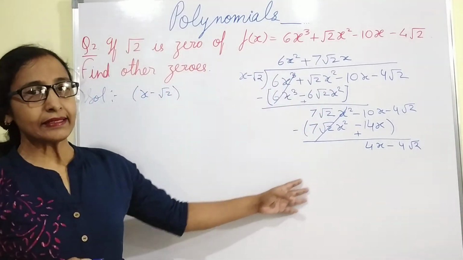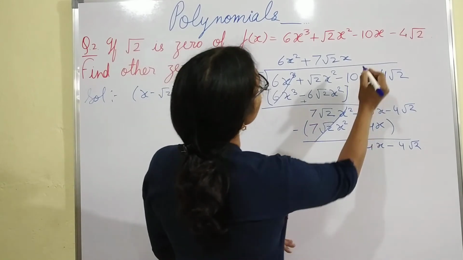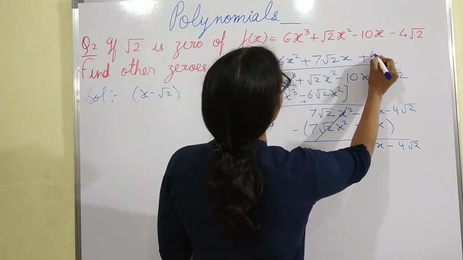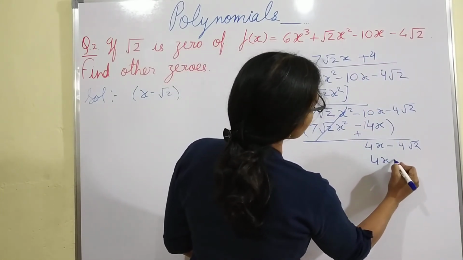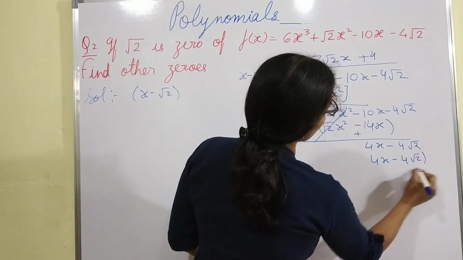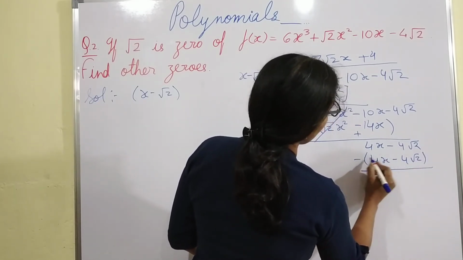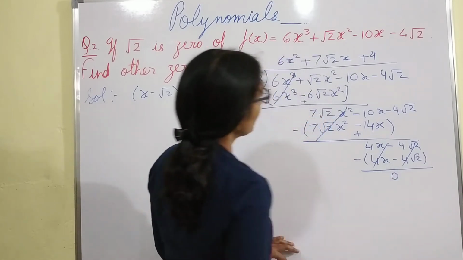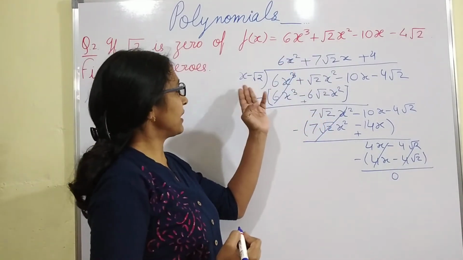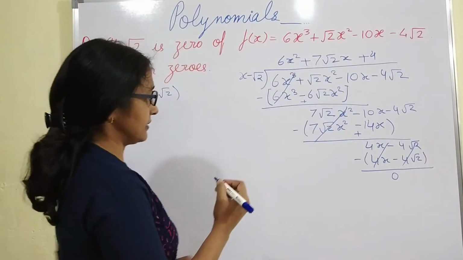Now we take plus 4, so 4x minus 4 root 2, and the remainder is zero.